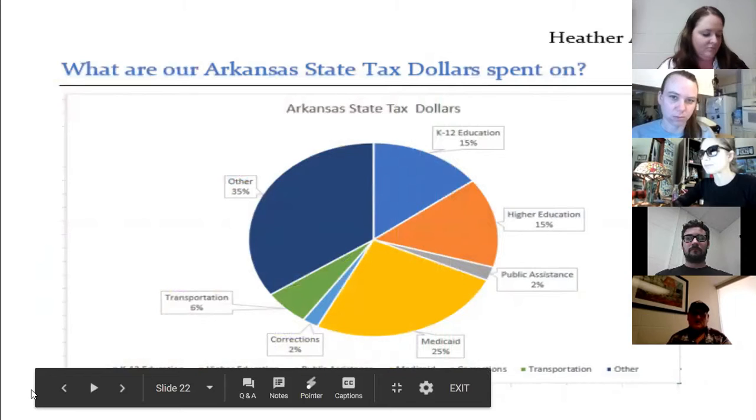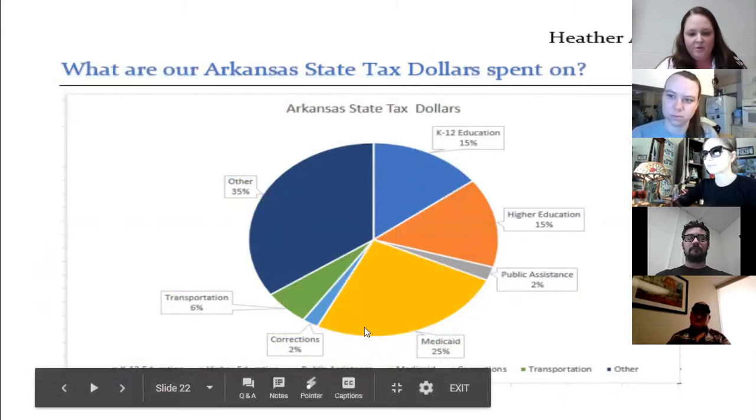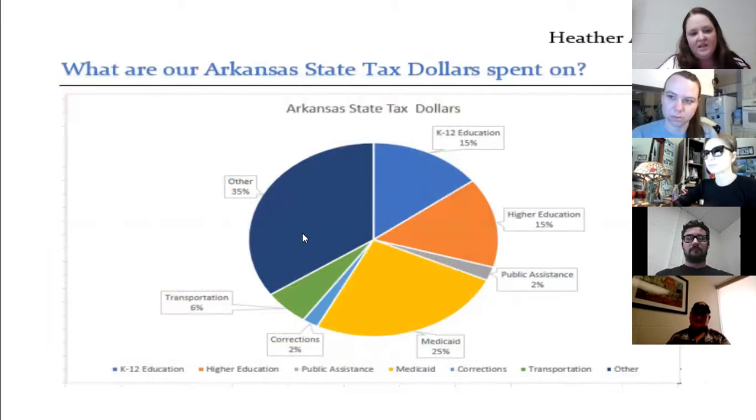Ms. Heather, what are Arkansas state tax dollars spent on? Okay, well, they're spent a number of ways, just like our federal taxes are. The majority of it seems to be spent on Medicaid at 25%, or this other column, which on the site that I used didn't explain what other was. That just kind of makes me wonder where that's going.